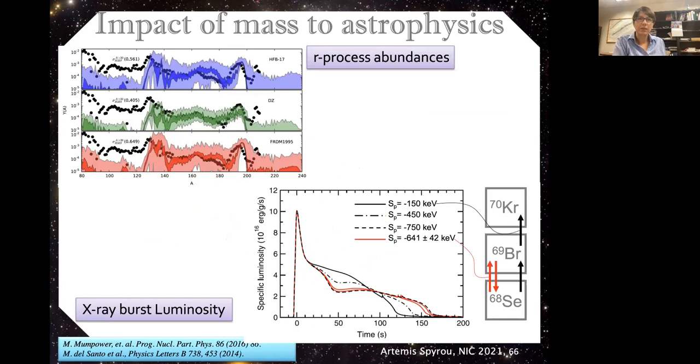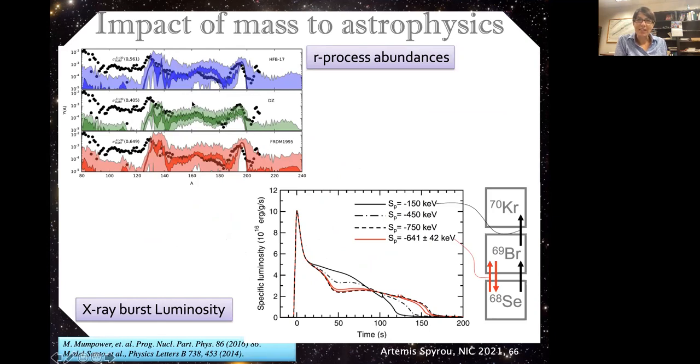There is an impact of the masses on all the astrophysical observables. So for example, here's a calculation of the abundances for different mass models with the current uncertainties, which is this huge band over here, versus if we could improve our uncertainties a lot more, what would happen?